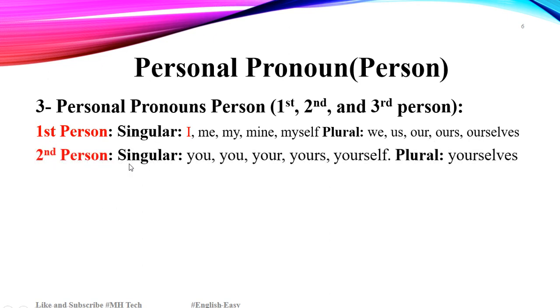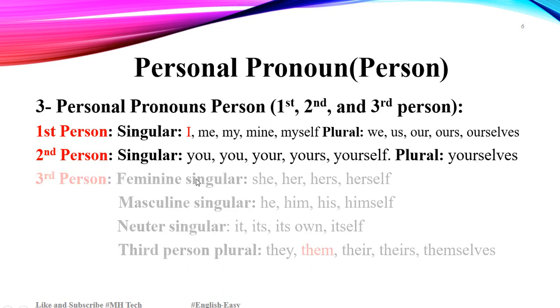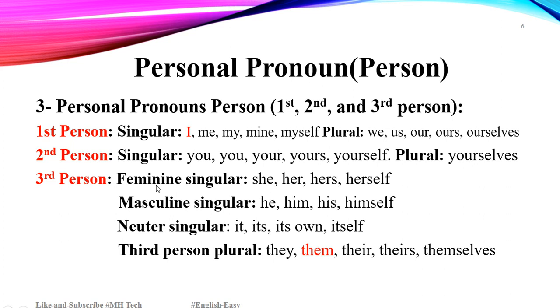Then we have the second person singular and plural. You can see here: you, your, yours, yourself. These are the singular for the second person. We have the plural, yourselves. For the third person we can use feminine singular, masculine singular, neuter singular, and third person plural. You can see all the examples listed here.